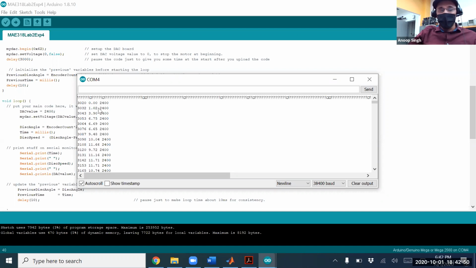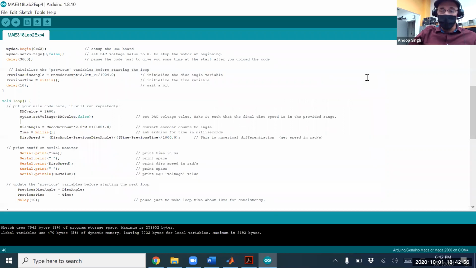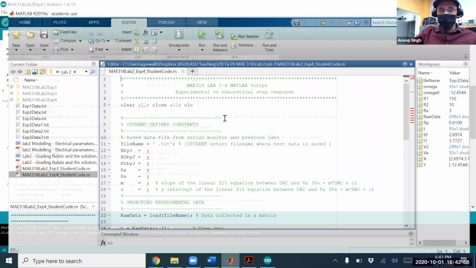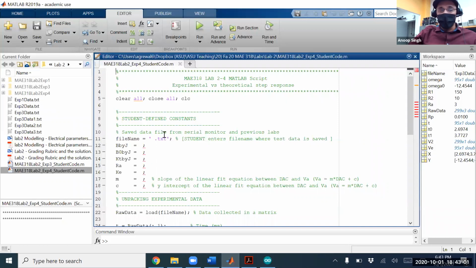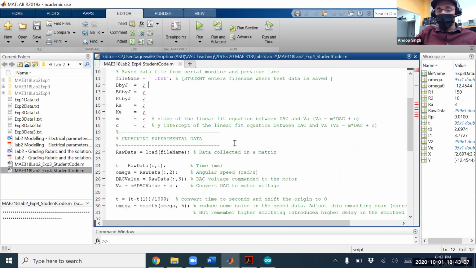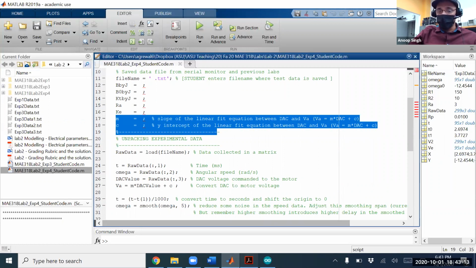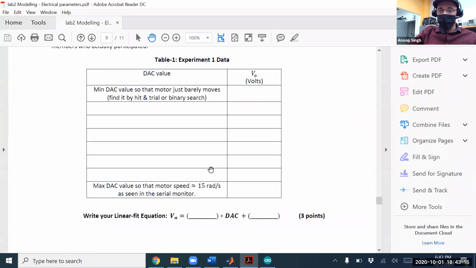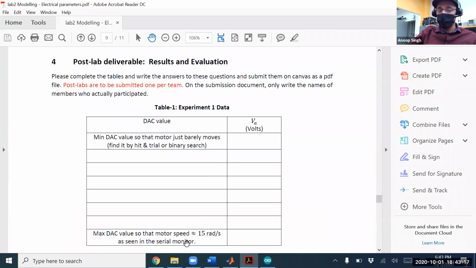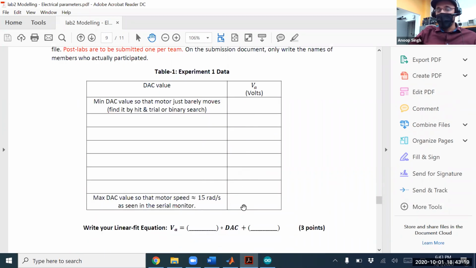Okay, so now let's see if this experimental data is matching well with the theoretical data, and that's going to be done through this MATLAB file. In this MATLAB file, you'll plug in all the parameters you have found so far in both the labs. You would also plug in the equation of the line, which relates the DAC to the voltage, which was found in experiment number 1. In experiment number 1, we collect the DAC value and the actual voltage, and then we fit a line.